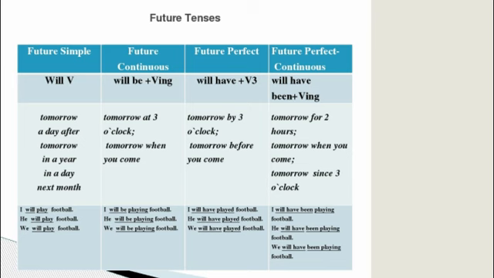Dear students, we have in the following slide a range of specific constructions or verbs, and also the helpers, the prompts, those words like tomorrow, the day after tomorrow, in a year, in a month, tomorrow by 3 o'clock, tomorrow before you come.